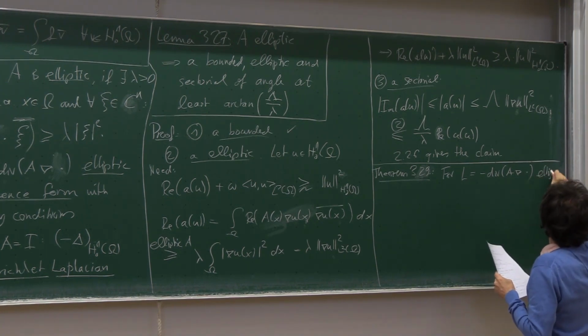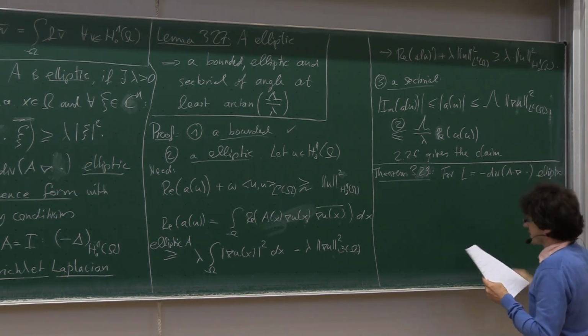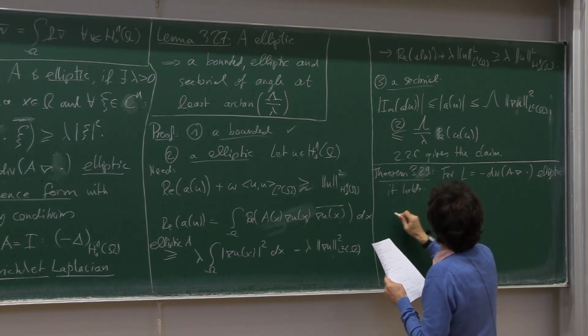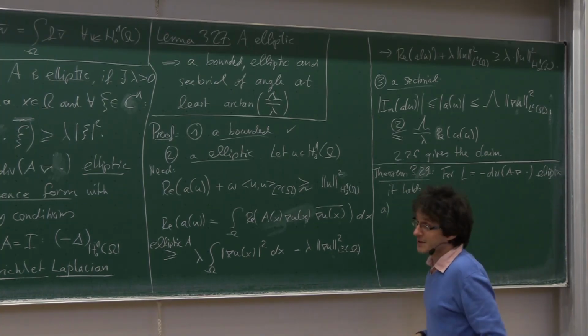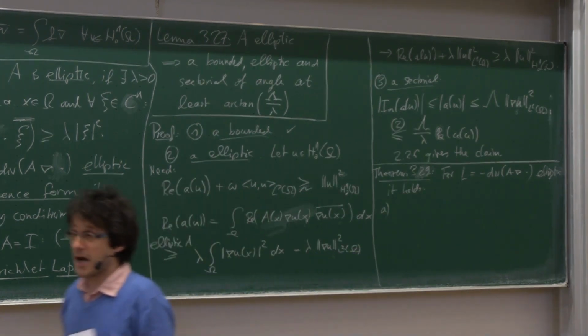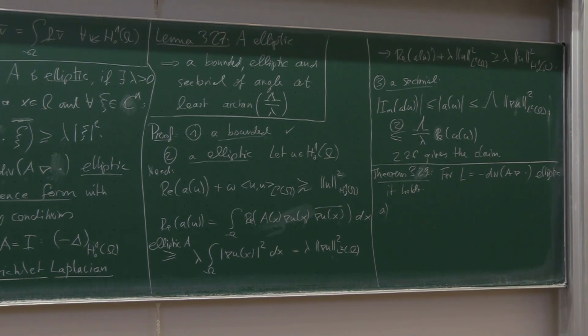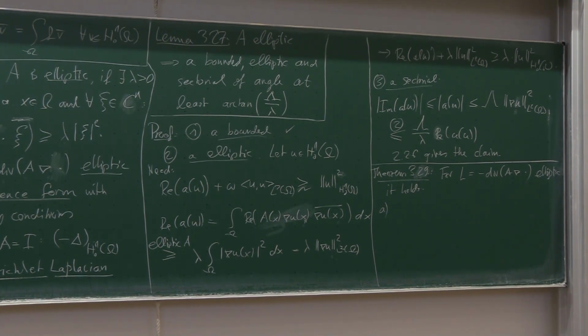So if the matrix function is elliptic, then we have the following properties. And now this is more or less harvesting what we did in lecture 2. Because now we know that our form A is nice, it's elliptic, it's bounded, it's sectorial of some angle, so we can take all the information and find things about L.